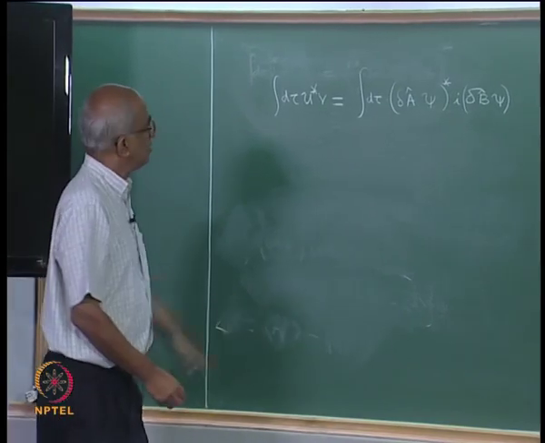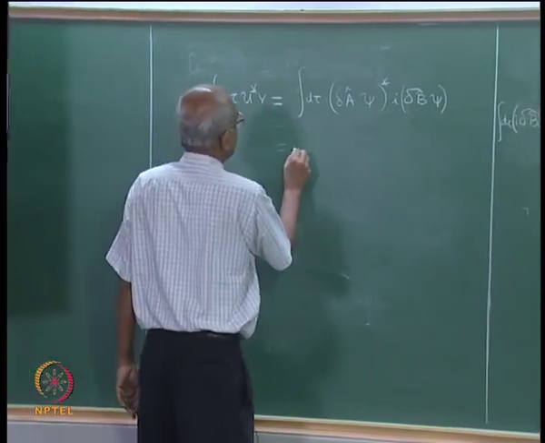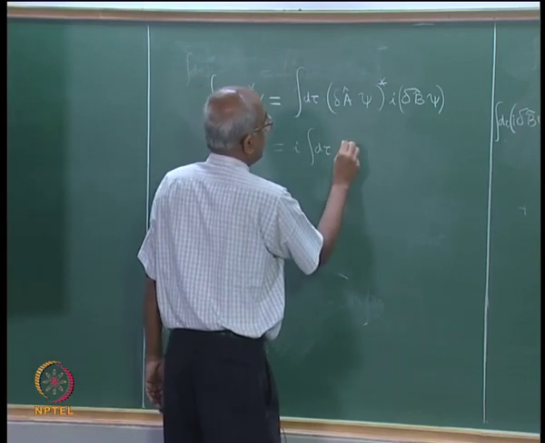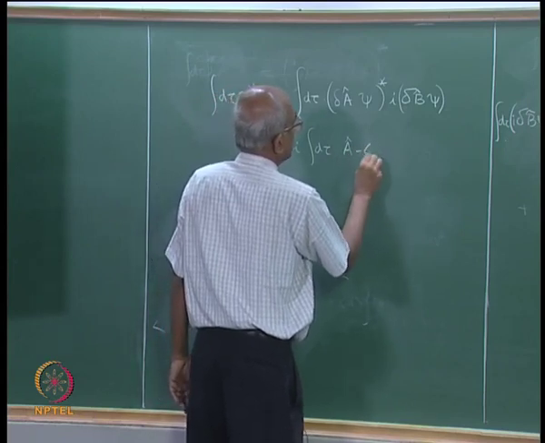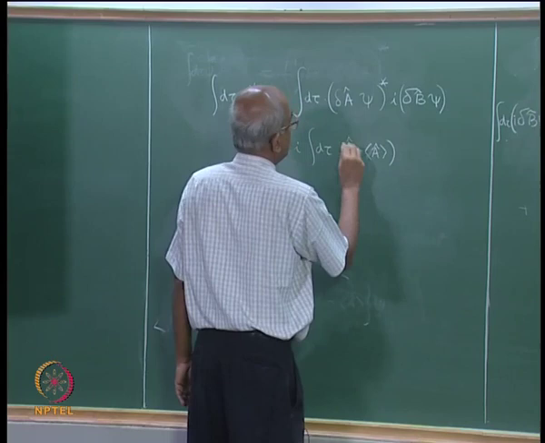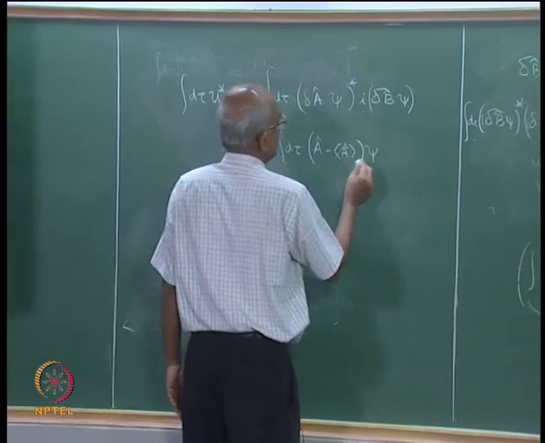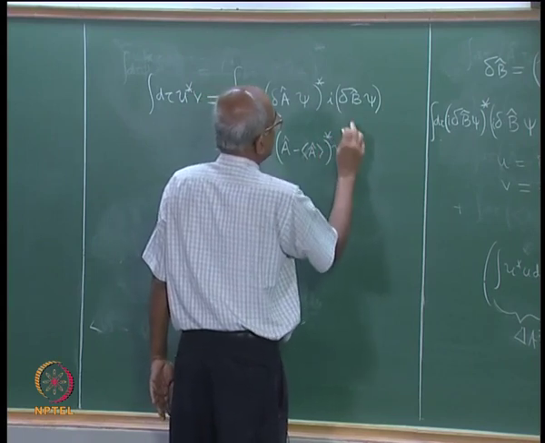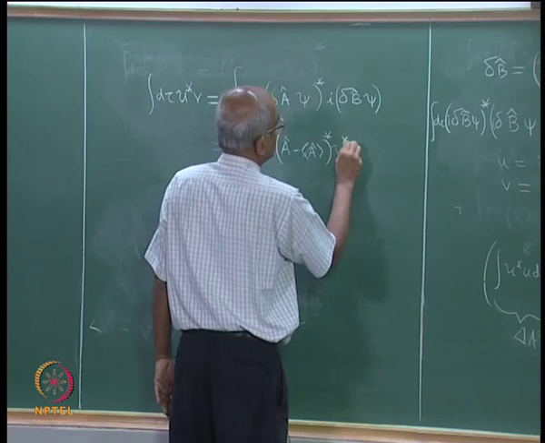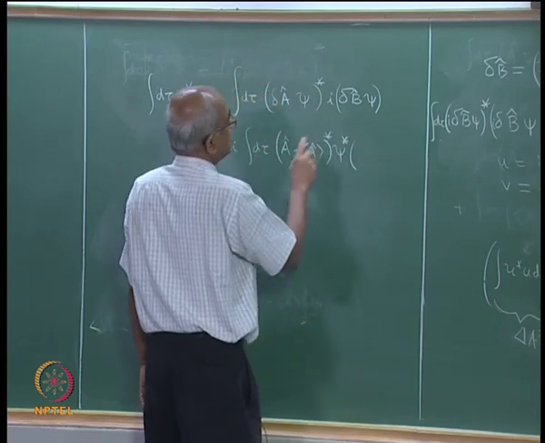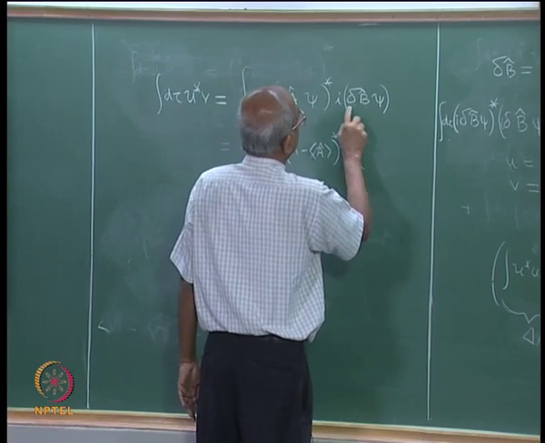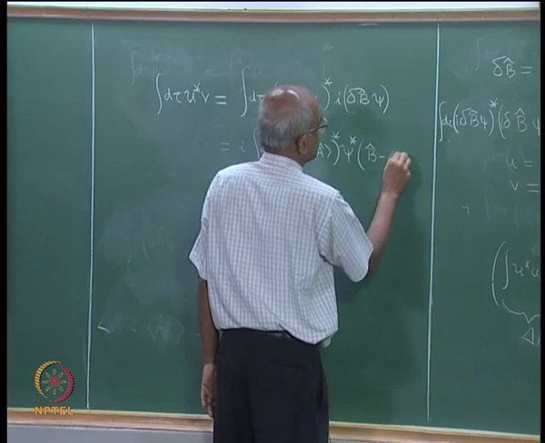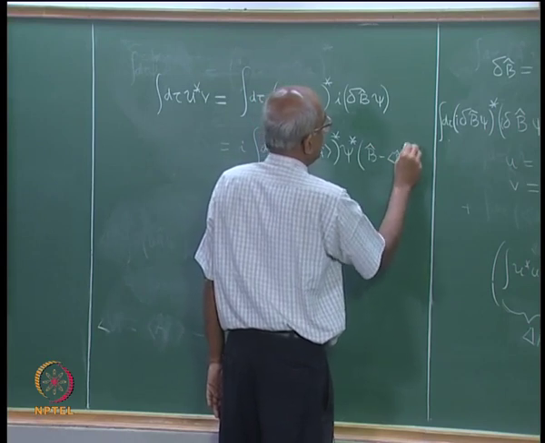Correct? So you can take that i outside, you are going to get i integral d2, you are going to have a minus expectation value of a psi. You have to take the complex conjugate, so star will come here, then there is a star here because I am taking the complex conjugate, then delta b will be b minus expectation value of b into psi.